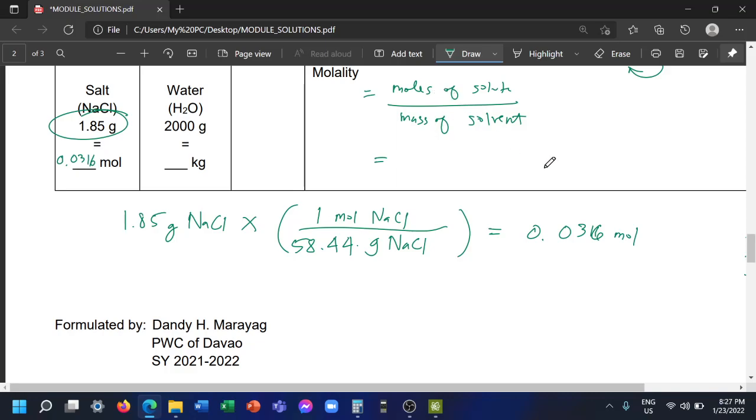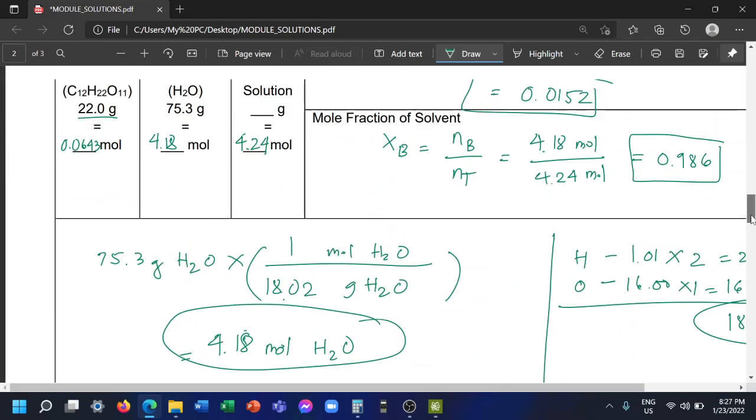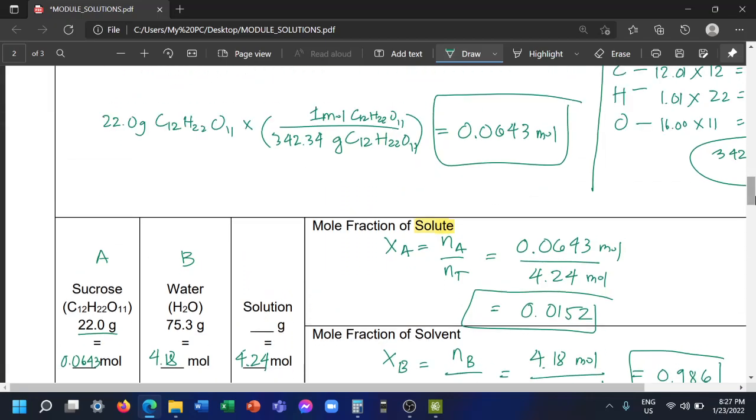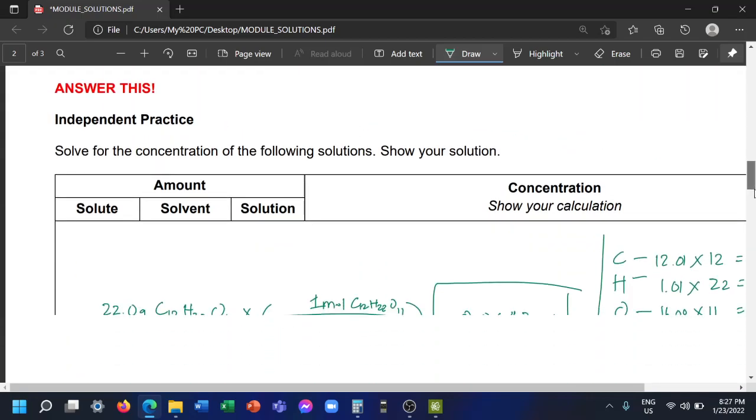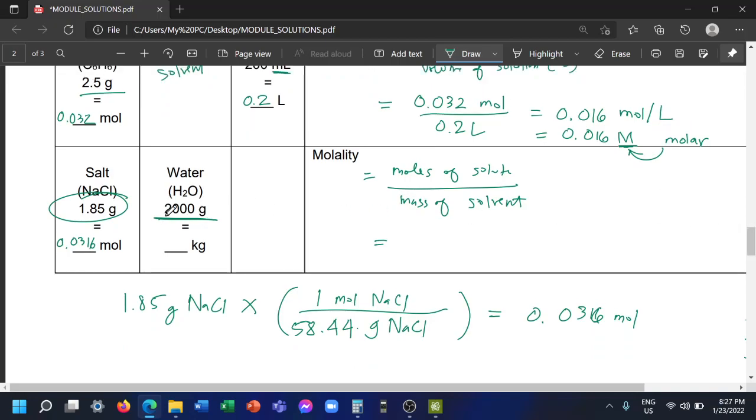So we have determined the moles of the solute. Next, we need the mass of the solvent. So it's in grams, but of course the mass must be in kilograms. So let's convert these grams into kilograms. If you solve for this one, 2,000 grams is equal to 2 kilograms.